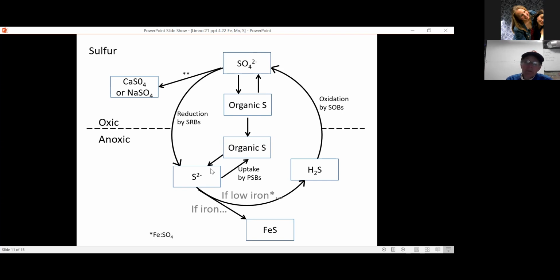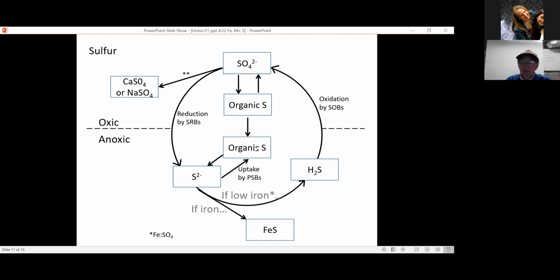Now, there are photosynthetic sulfur bacteria, like the green sulfur and the purple sulfur bacteria. And they use sulfur instead of water. In this kind of environment, if there's light and reduced sulfur, they can take it up and convert it into organic sulfur.